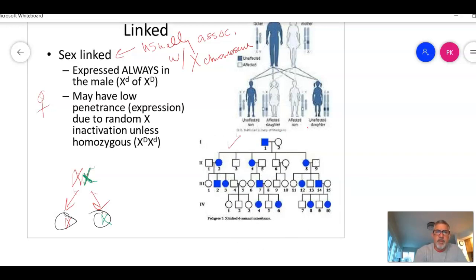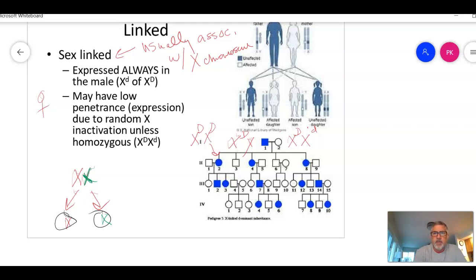So if this is something like color blindness, the male is colorblind, and the female doesn't exhibit color blindness. So this one right here is XD, XD.